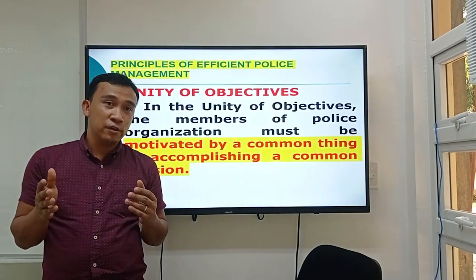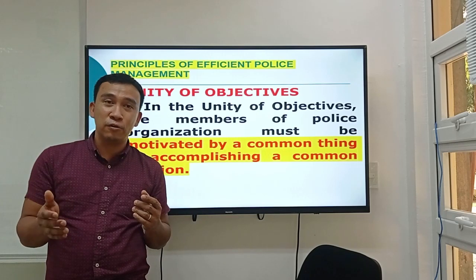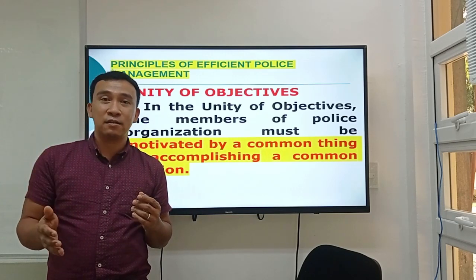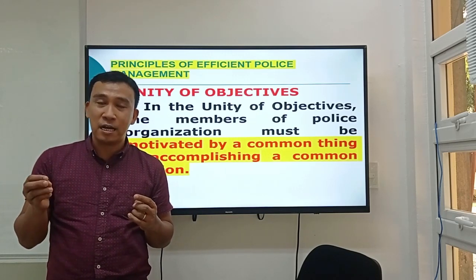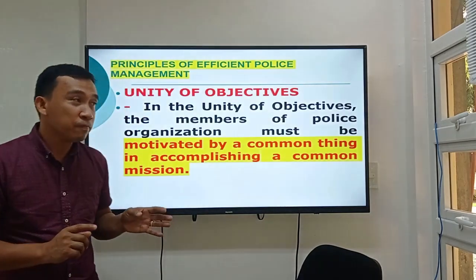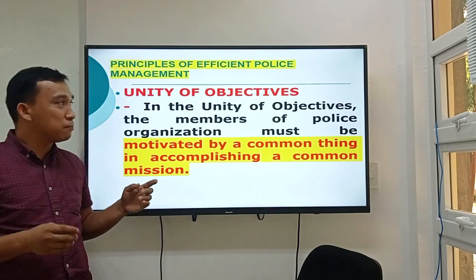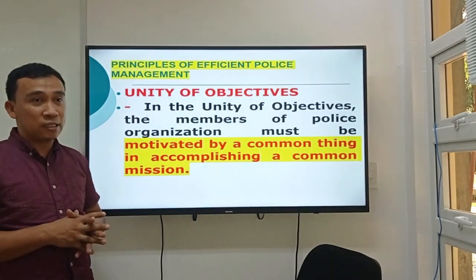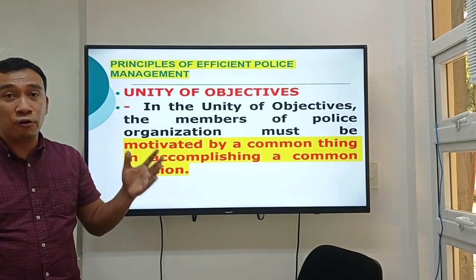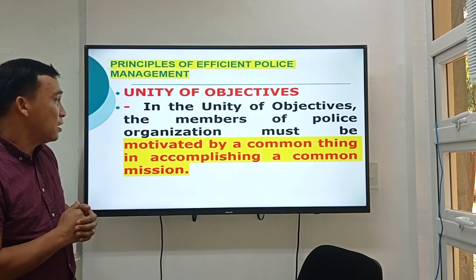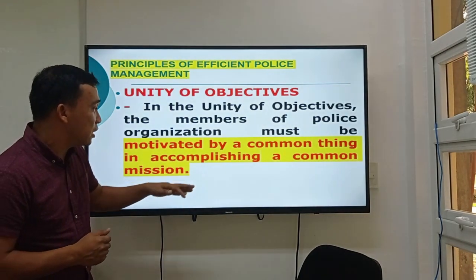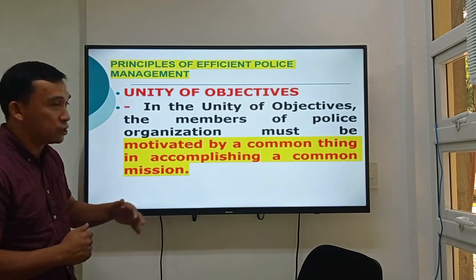To tell you, itong organization na ito ay babagsak at masisira. That's why, isa sa principle ng efficient police management sa isang organization, dapat magkaroon ng iisang objective by a common thing in accomplishing a common mission.